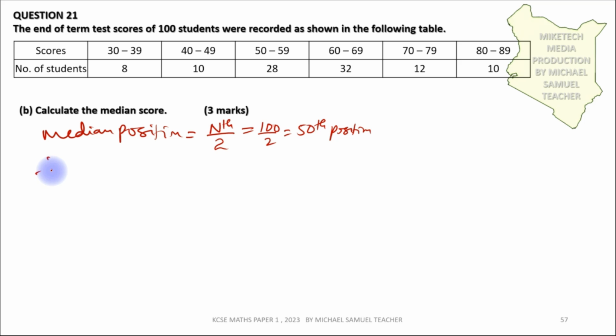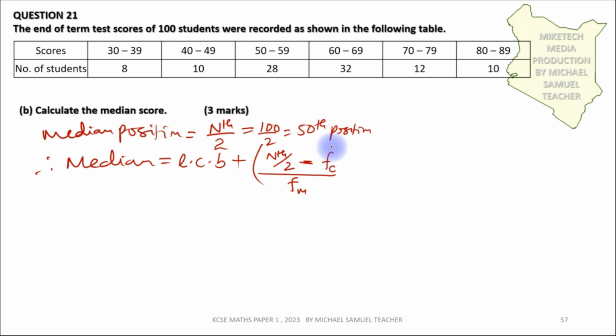Then, using the formula, median is given by the lowest class boundary plus n over 2 minus the cumulative frequency before the median class, divided by the frequency in the median class.